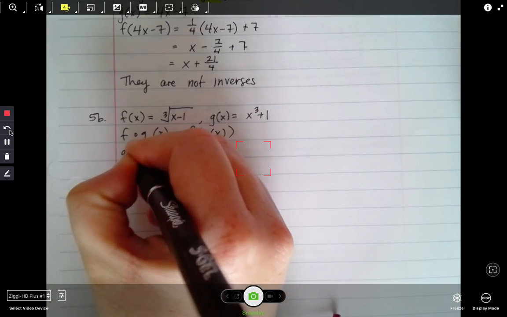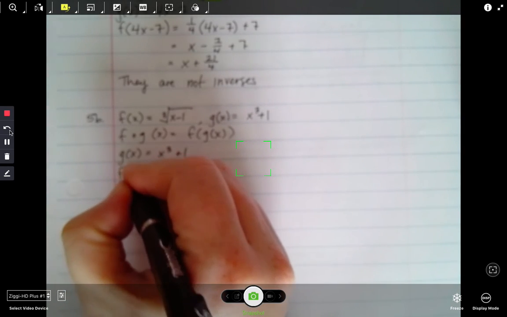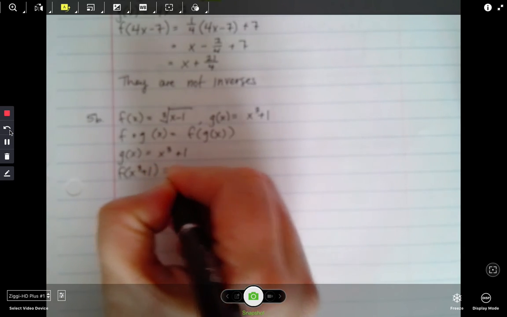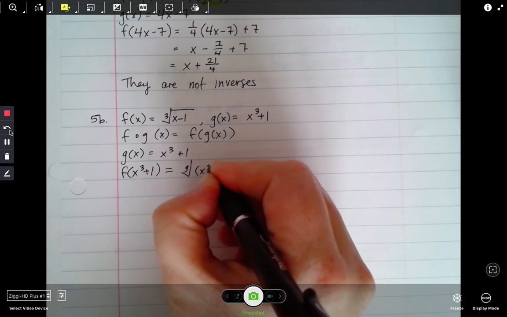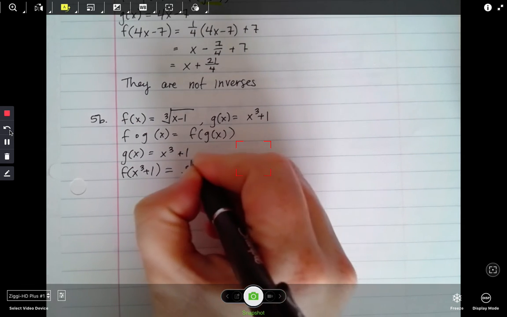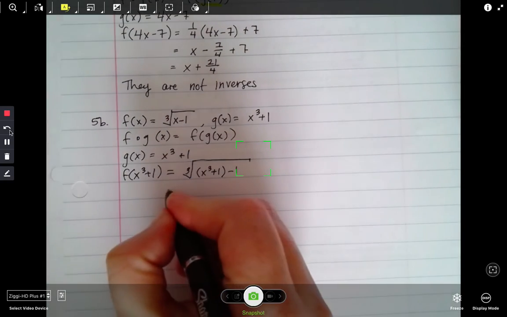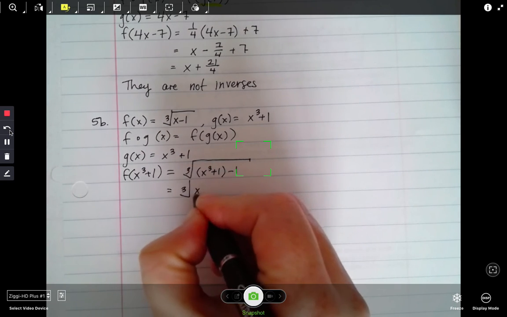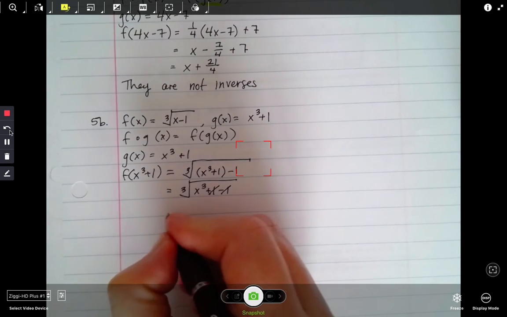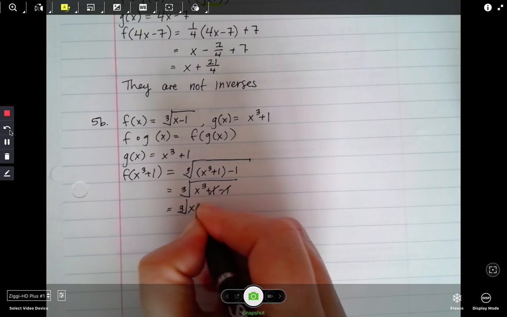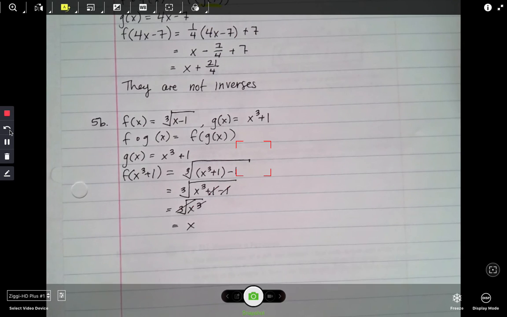Alright, g of x, we just said, was x cubed plus 1. So f of x cubed plus 1 equals the cube root of x cubed plus 1 minus 1. If you drop your parentheses, you've got the cube root of x cubed plus 1 minus 1. So the 1s cancel each other out. So I've got the cube root of x cubed. Well, those also cancel each other out. So I'm left with x.